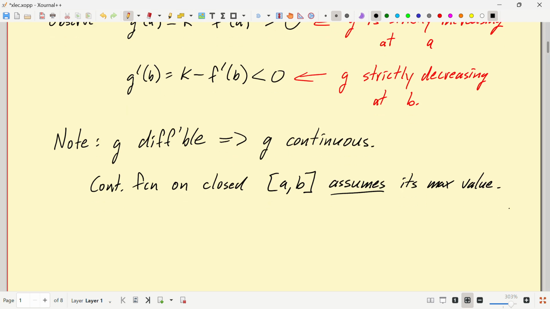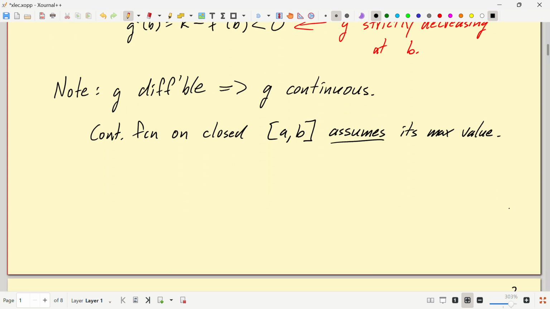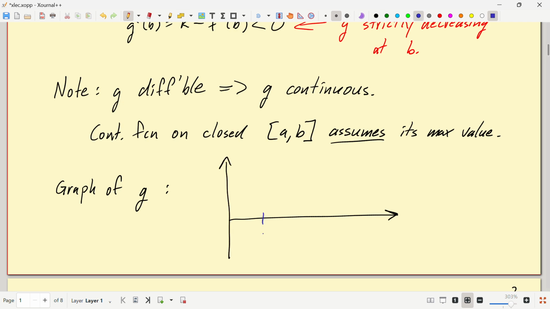Okay, and now you think of the graph. Let's look at the graph of g. I'll do a picture proof rather than a word proof. It was strictly increasing at A. So we got an A here and a B here. I don't know what the value is at A, but I do know that it's strictly increasing. The slope here was positive.